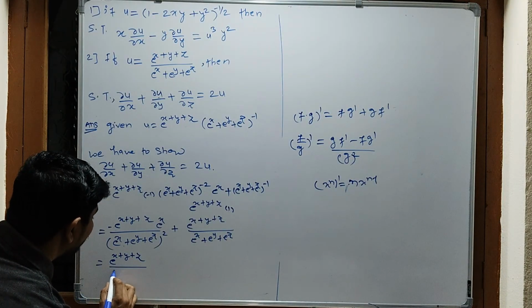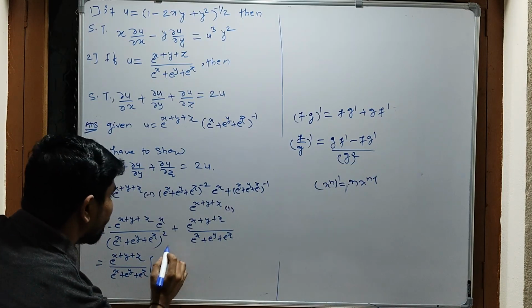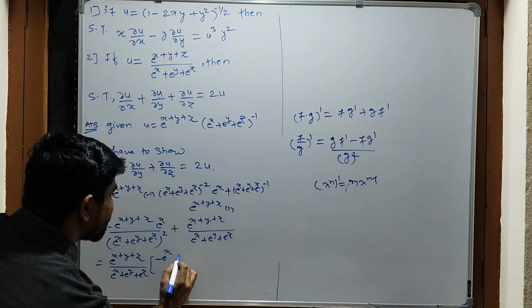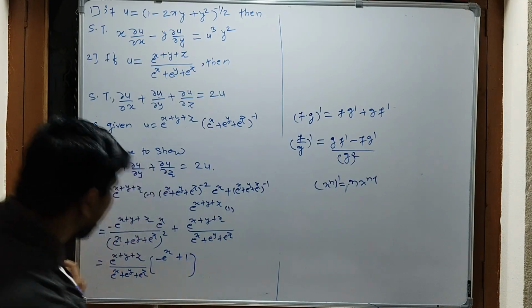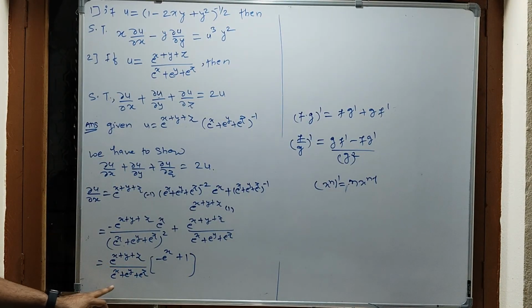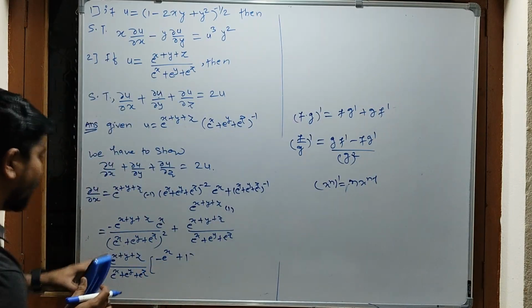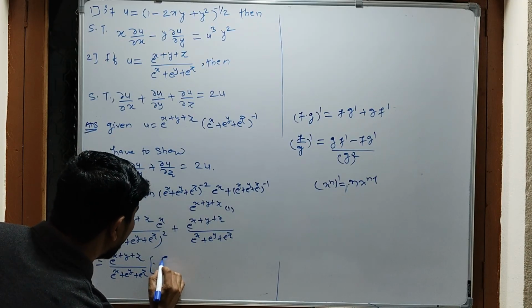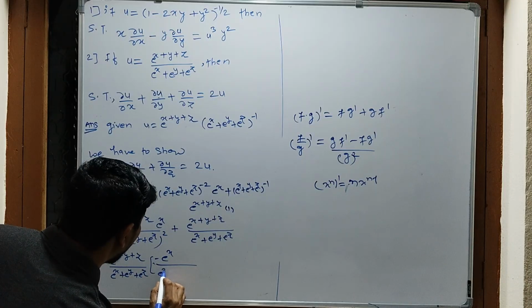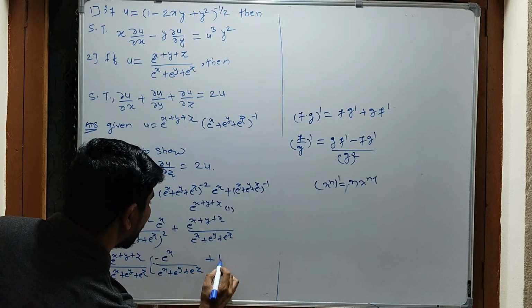Here this is equal to e^(x+y+z) divided by e^x + e^y + e^z, times minus e^x divided by e^x + e^y + e^z, plus 1.